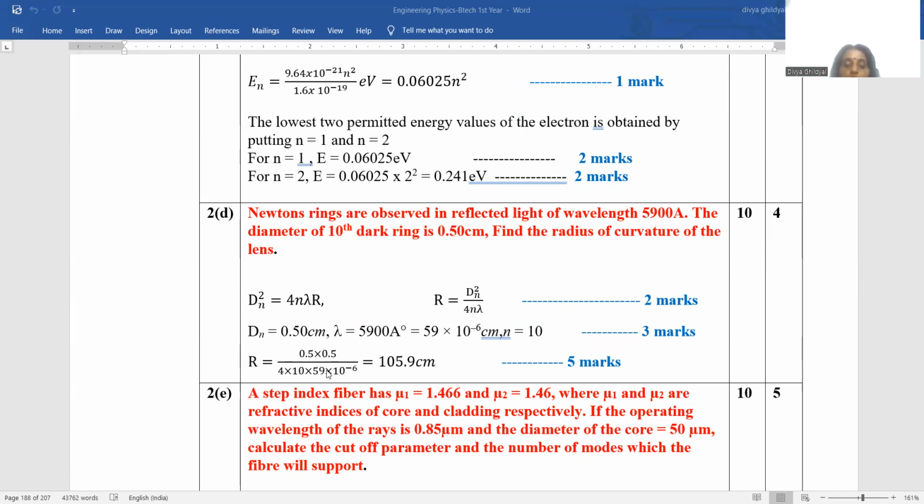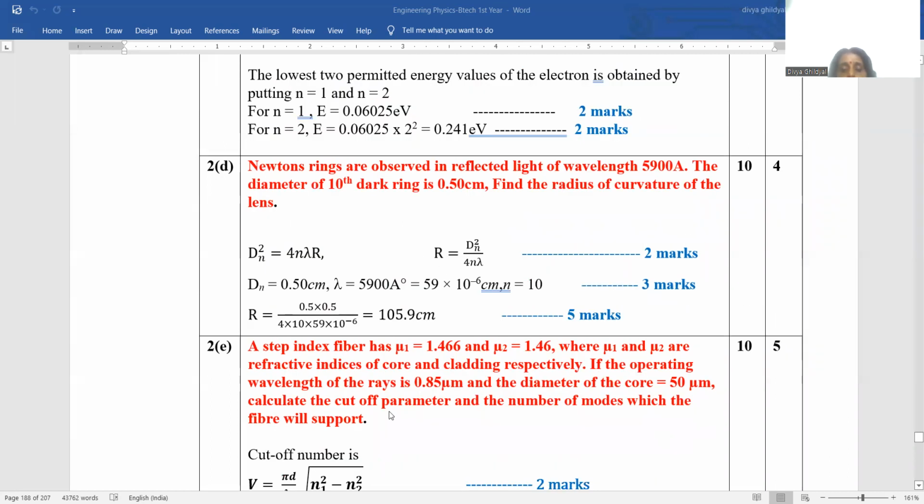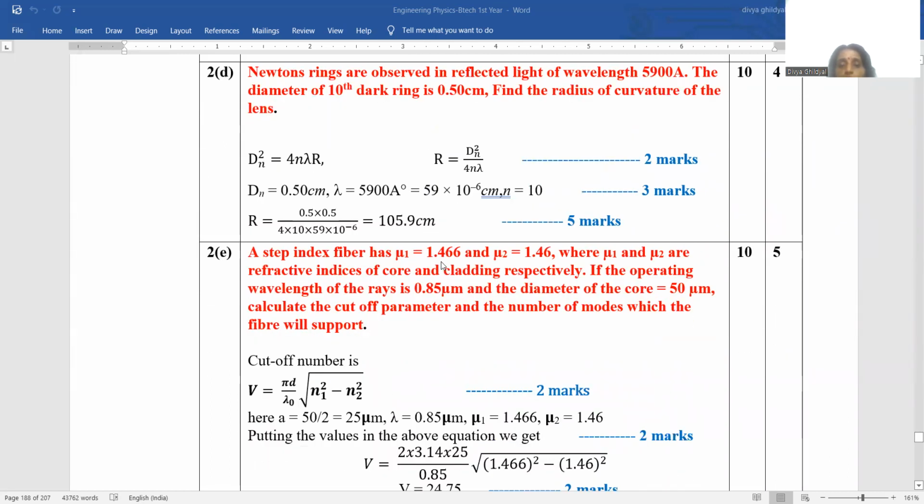Then I will have to use either a calculator or solve it numerically to arrive at my answer. R is equal to 105.9 centimeter. A step index fiber has refractive indexes of 1.466 and 1.46, which are refractive indexes of the core and cladding.